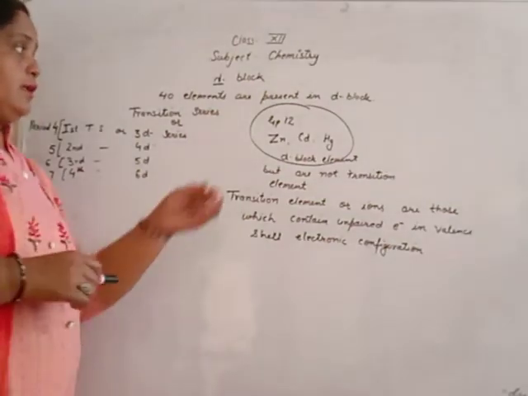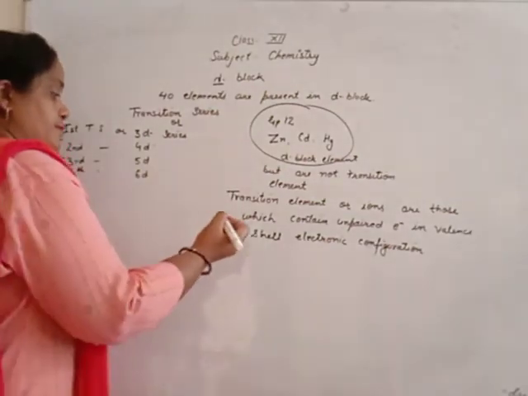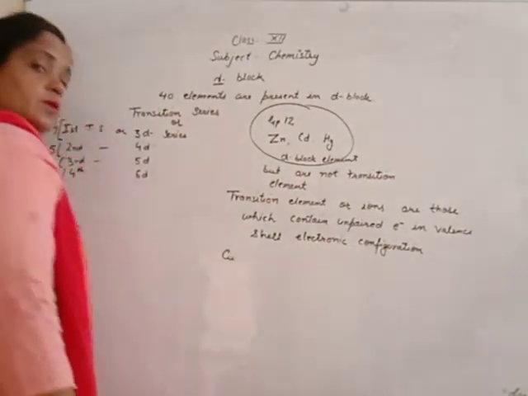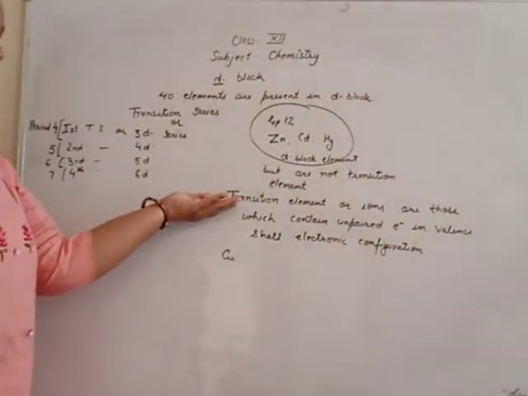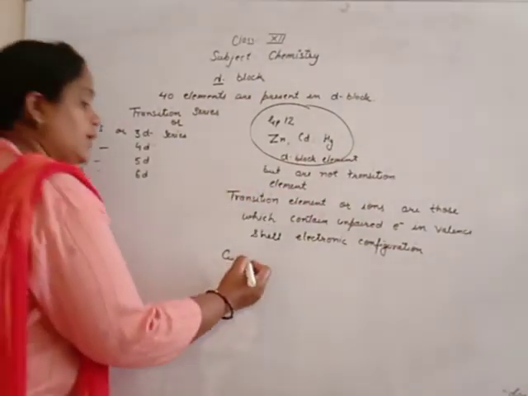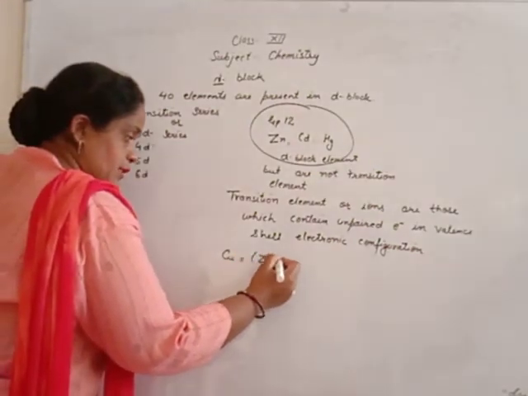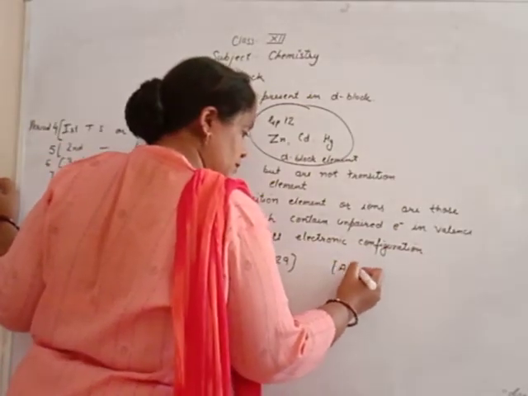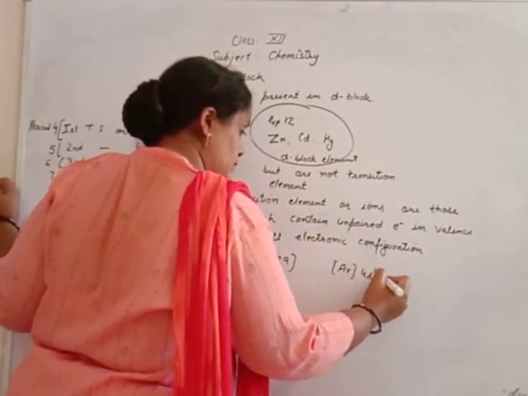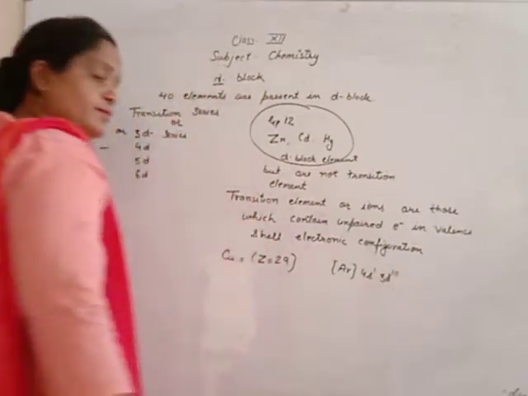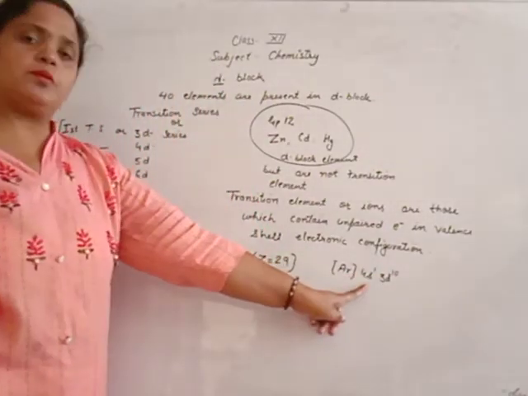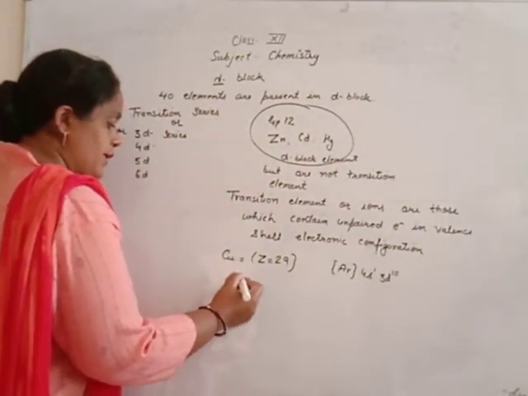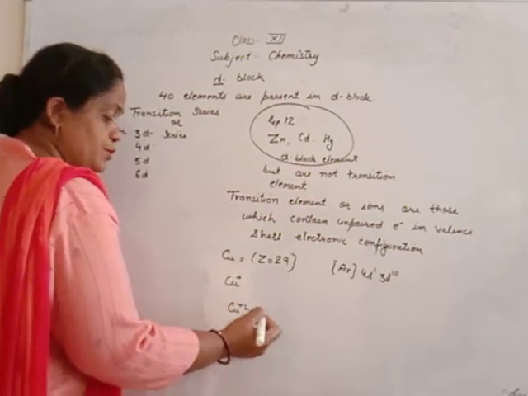Clear? Let's take an example, beta: copper. Copper is a transition element. The atomic number of copper is 29. If we write the electron configuration, it is argon 4s1 3d10. It has an unpaired electron in the outermost shell, so it is a transition element. Copper has two types of ions, copper +1 and copper +2.